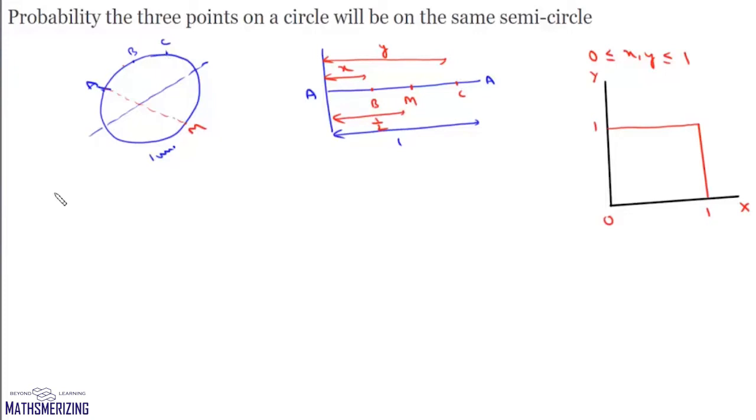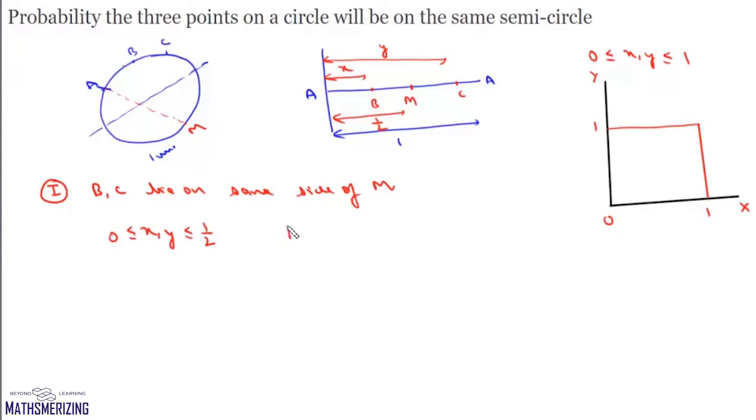Now there will be 2 cases. Case 1, when B and C lie on the same side of M. If they lie on the same side of M, then both x and y should lie between 0 and 0.5.